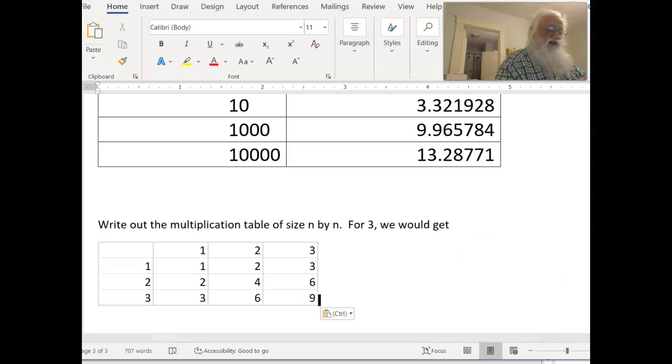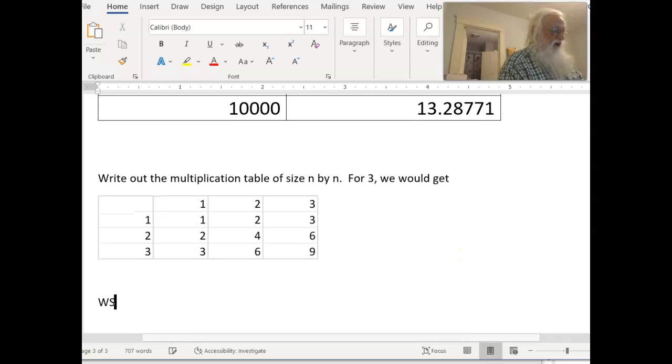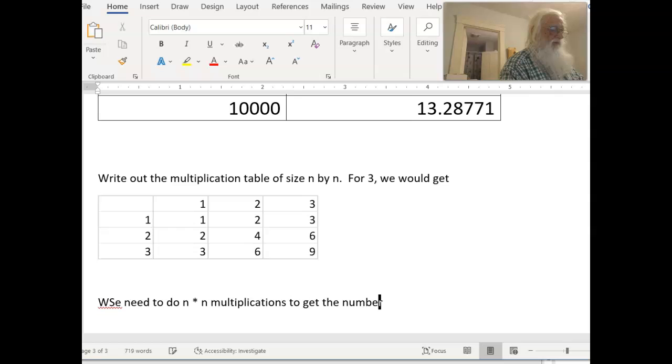Now, we need to do n times n multiplications to get the numbers for this table.